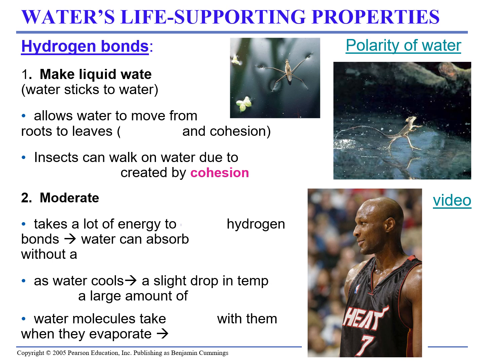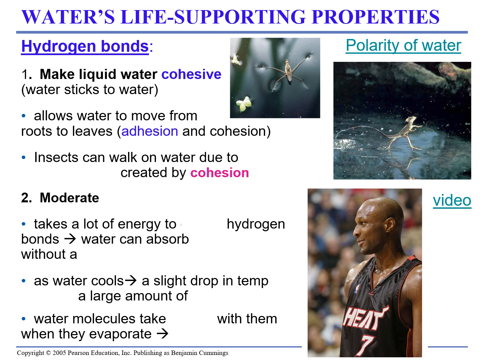In detail, hydrogen bonds result in water's life-supporting properties. Hydrogen bonds make liquid water cohesive, which means that water sticks to water. This property allows water to move from roots to leaves. This action happens through adhesion and cohesion.